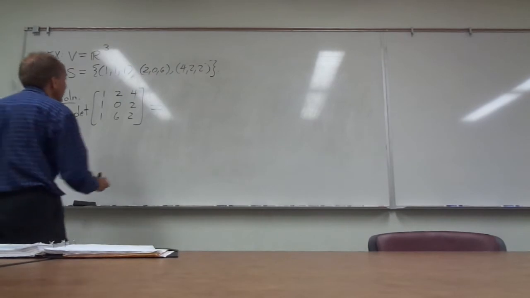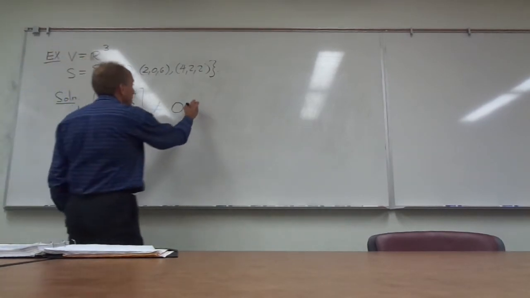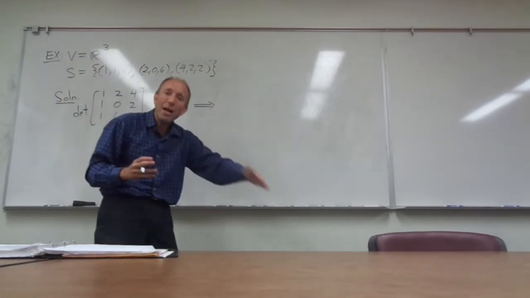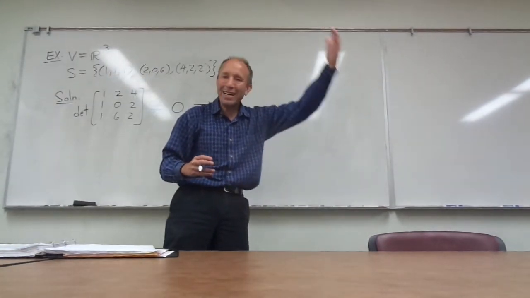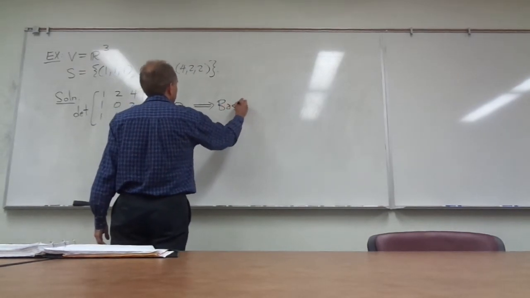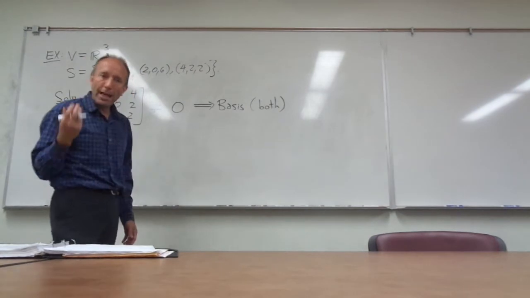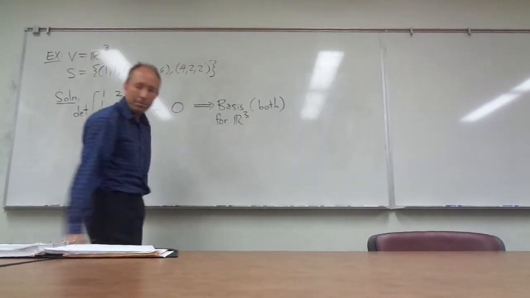It turns out that the determinant of this is not 0. And if the determinant is not 0, then my pivots are going to go right down the main diagonal. Nothing is going to end up in the far right column, and I will have no free variables. It means it's a basis. It is both a spanning set and a linearly independent set, and this would be for R3.